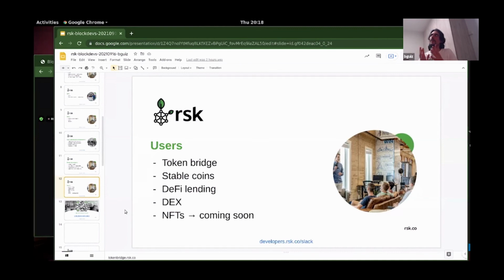There's Sovereign, which also does DeFi lending. There's Tropicus, which has just launched, and a few others. So all the same kinds of DeFi things that exist on Ethereum, you can also find on RSK. There's just not that many of them at the moment. So come to RSK and build them.